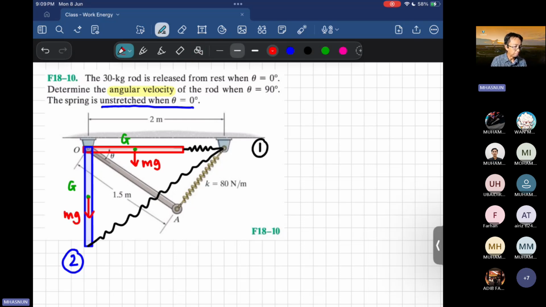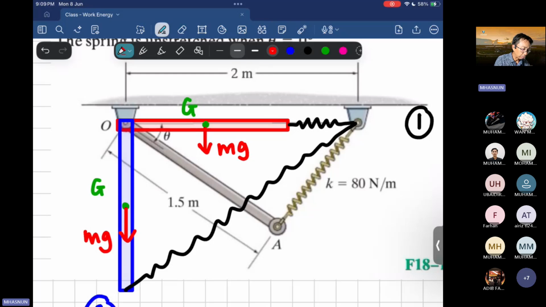You can see that there is a change of height going on here, meaning that there will be work done by the weight. So we can determine the delta y, which travels down in this direction. This is delta y. Delta y is equal to half of the length of the rod.